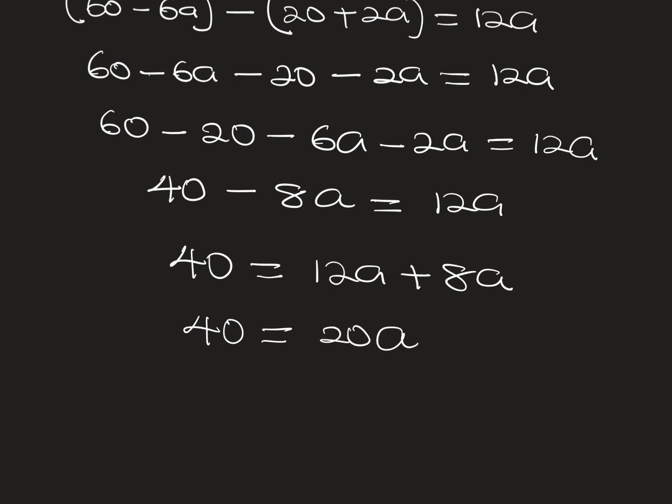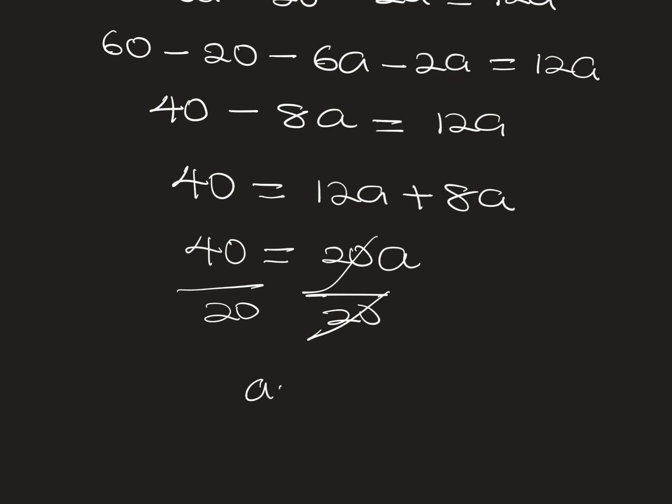By dividing both sides by 20, A is equal to 2 meters per second squared. That is the common acceleration when the system is released from rest.